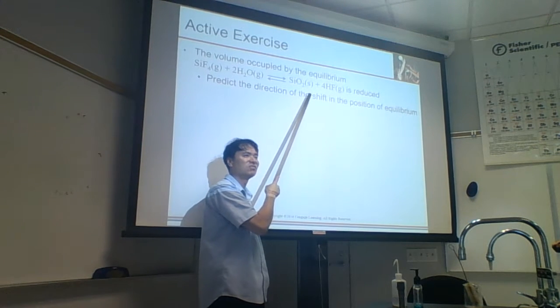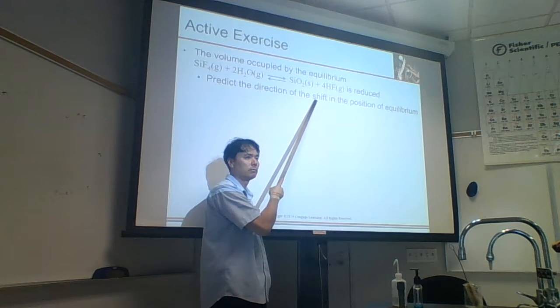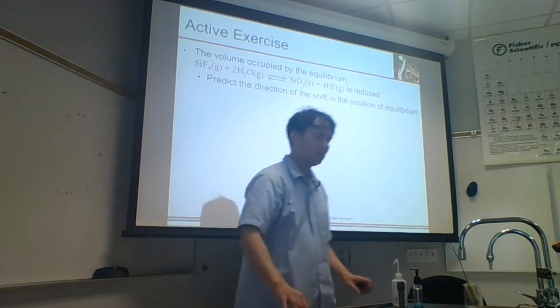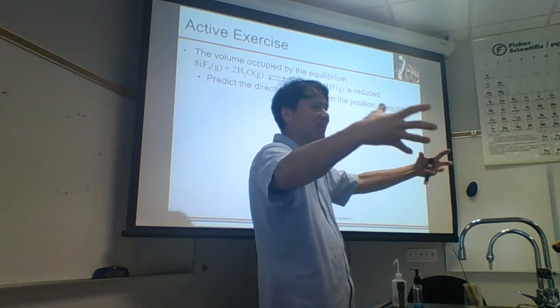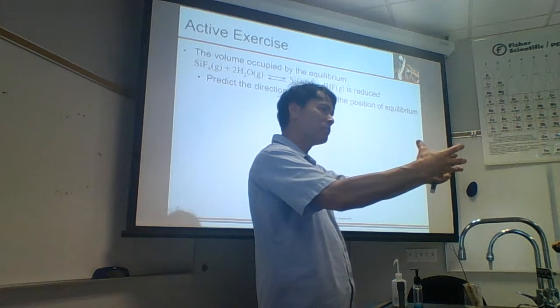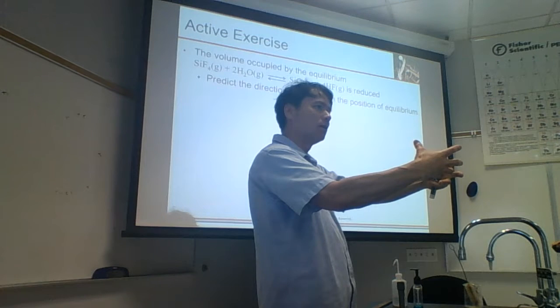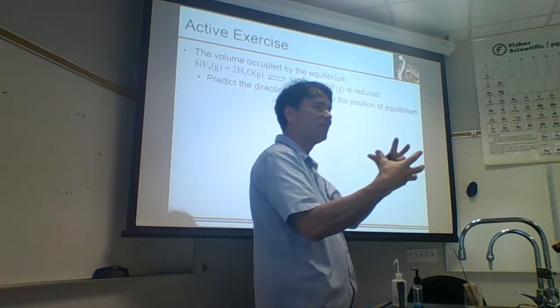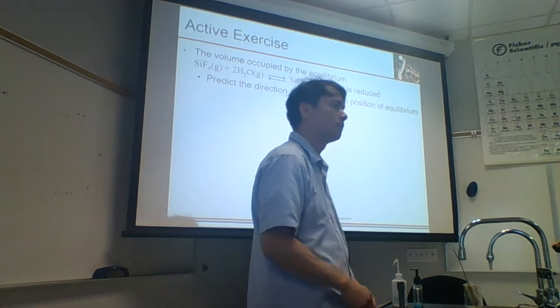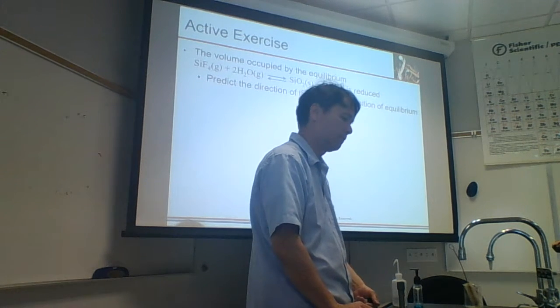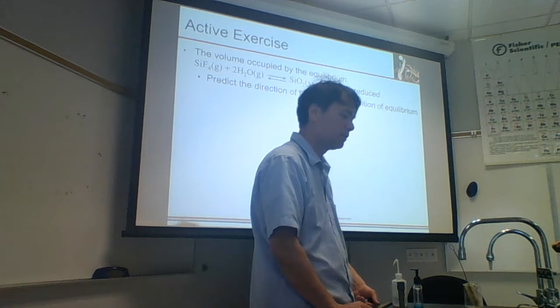So which side has more volume? The right side has more volume. Therefore, this is what's going to happen. If I compress the volume, make the volume smaller, which side's favored? 75 liter side or the 100 liter side? The 75 liter side.